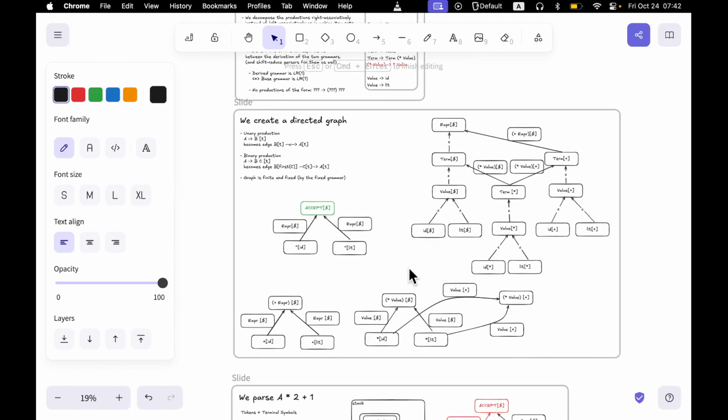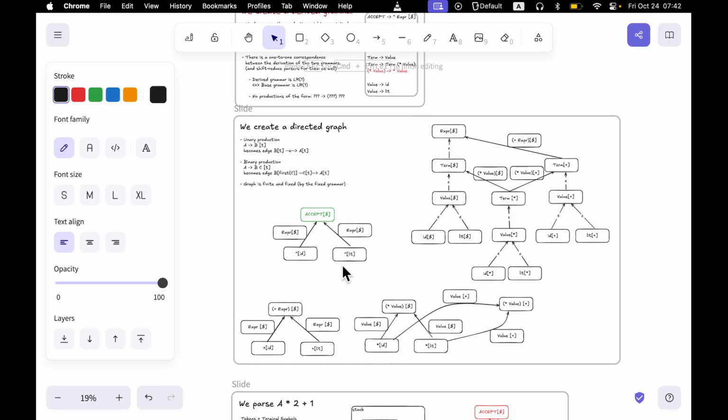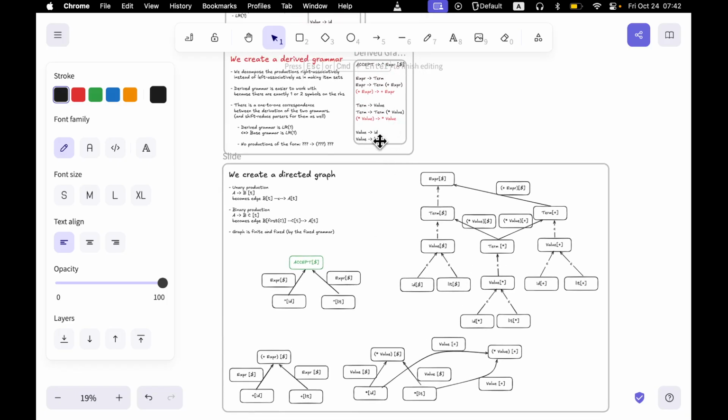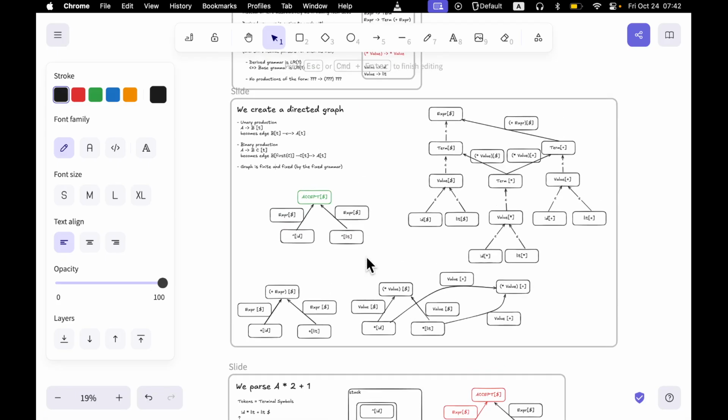Well, it's big and complicated, but at least it fits in a single slide. So I had to make the grammar small enough to allow this graph to fit in a single slide. Anyway, these two are the same thing.